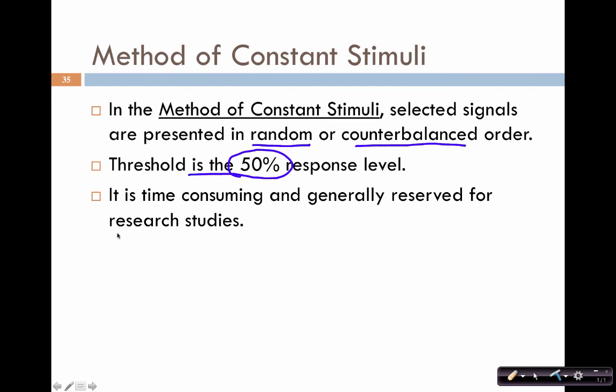And as your authors point out, this is typically used primarily in research studies because it is randomized and counterbalanced, and those are very important factors to minimize other kinds of variability that might occur in research studies. So the method of constant stimuli would be in probably any research article in which a threshold or a measure of absolute sensitivity was obtained. Not clinical audiometry. This would be more research audiometry.